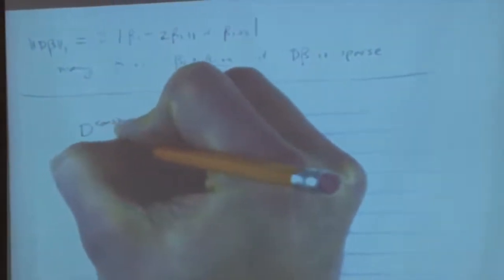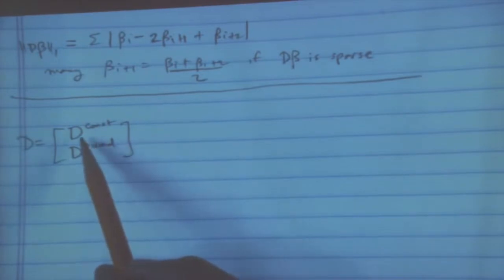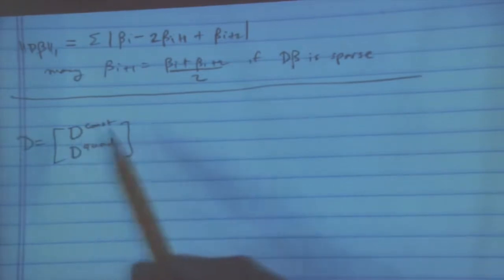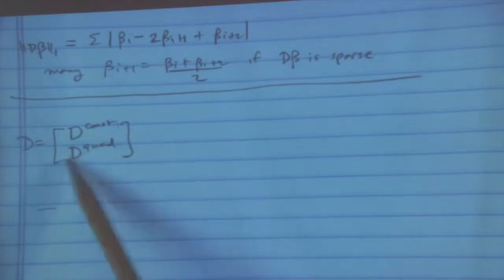I would just stack, we'll call them D constant and D quadratic, stack the rows together, and I call this D. The null space for one is folded into the null space for the other, so if D times a vector is 0, that implies the same thing for this matrix. You can just check that with the way that they're formed.